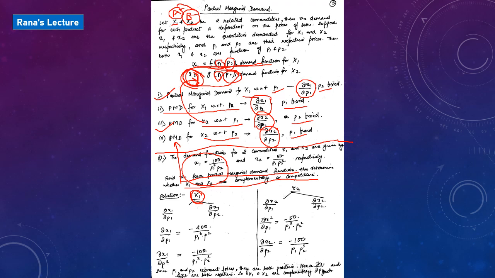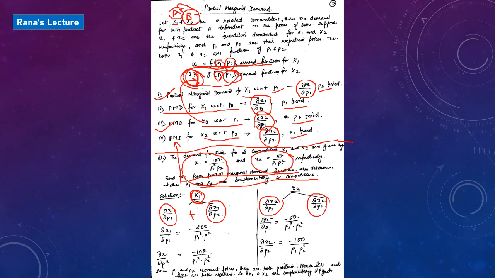Delta X1 by delta P1 one time and again delta X1 by delta P2, the second partial derivative. This function X2 is equal to 50 by P1 into P2 square. Again, this will be differentiated with respect to P1 once and with respect to P2 second time. So we have total, you can see, 4 times. 1, 2, 3, 4. Right?